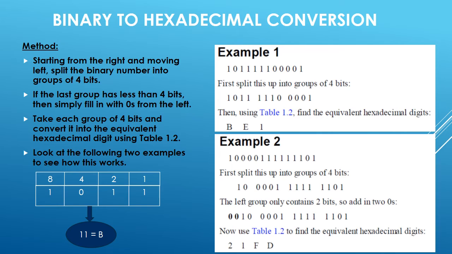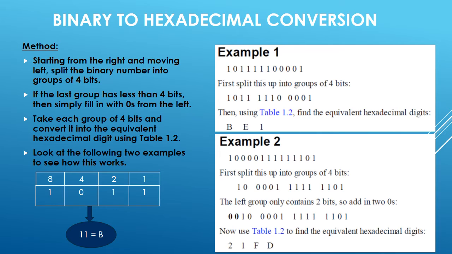Example number 1, in which the binary number is given. First, we will split up this number into groups of 4 bits, and we'll start from the extreme right side. So we have formed 3 groups here, and luckily all the groups are fully filled with digits, so they are not less than 4 digits.